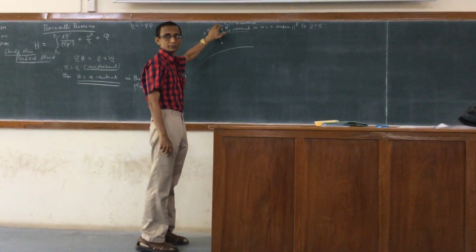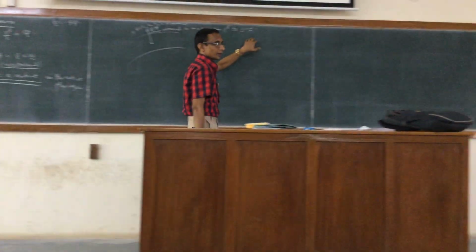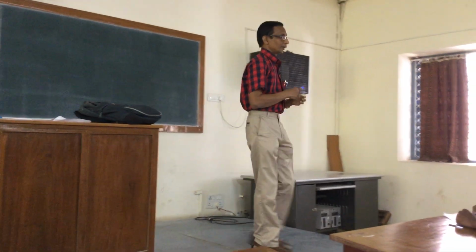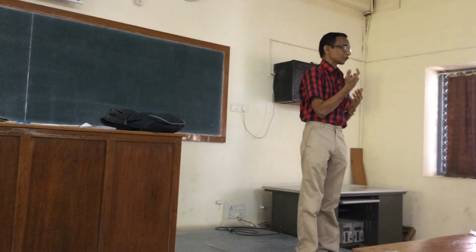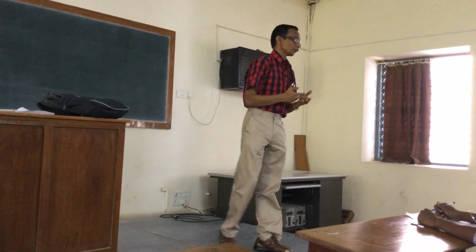So the V cross W, if I calculate that vector, would also have a direction along the normal to the surface. If you look at the cross product of two vectors, we have seen that its direction is normal to the plane formed by the two vectors.